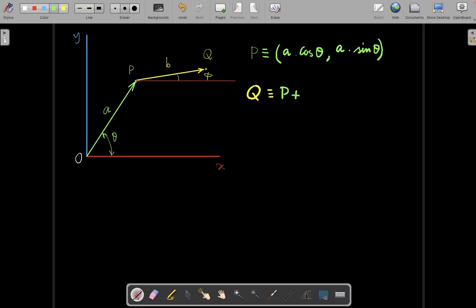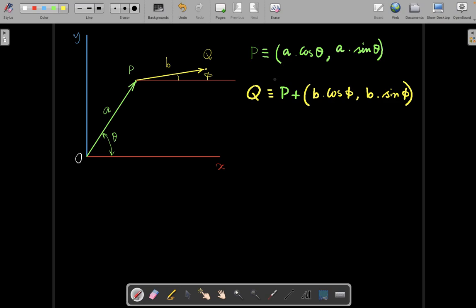So from P, or relative to P, we will define the position of Q. So Q is equal to P plus, in the same way, B cos phi, comma, B sin phi. So that way we will basically define Q.